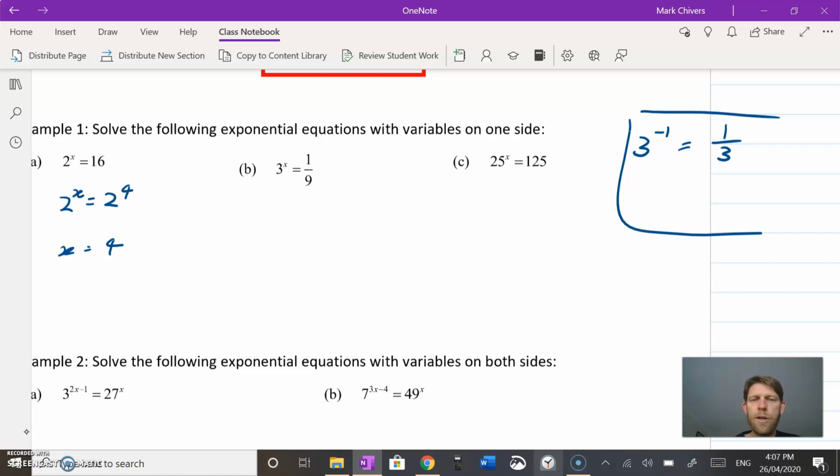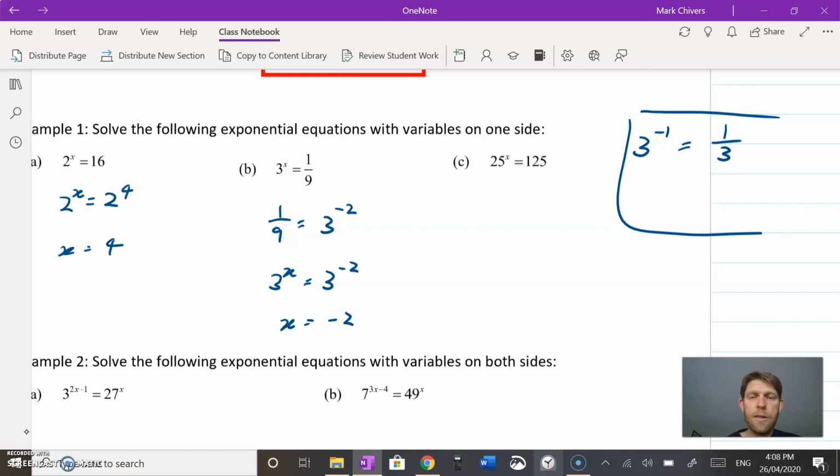And so really, 1/9 just equals 3 to the power of negative 2. So 1 over 3 squared, because 3 times 3 is 9. So essentially what we've got is 3 to the power of x equals 3 to the negative 2. That means x must equal negative 2. Otherwise that statement's not going to hold true.